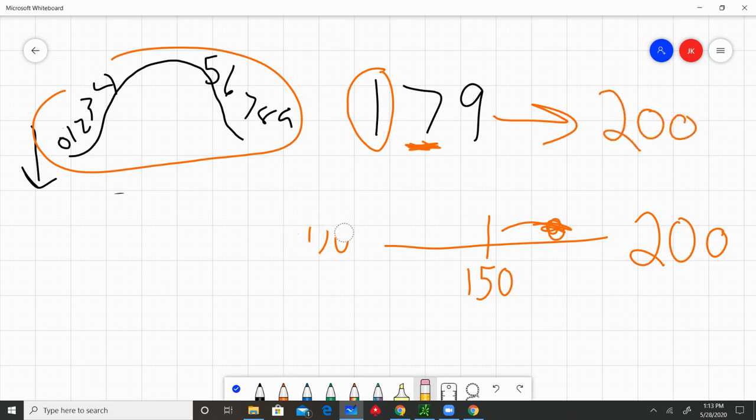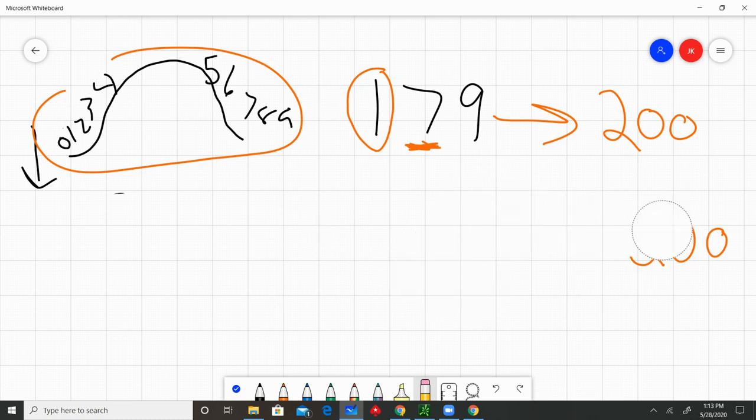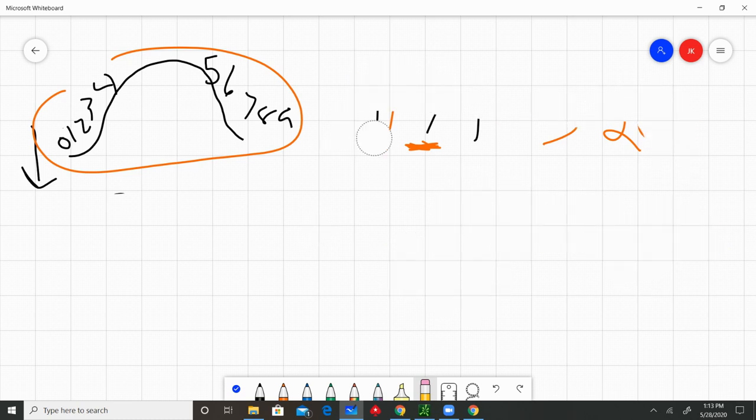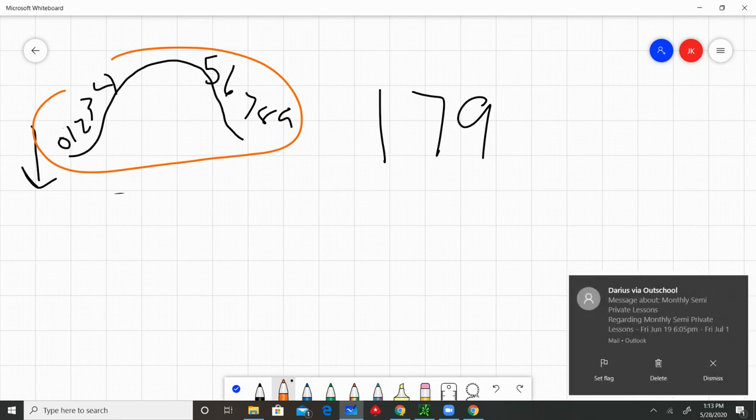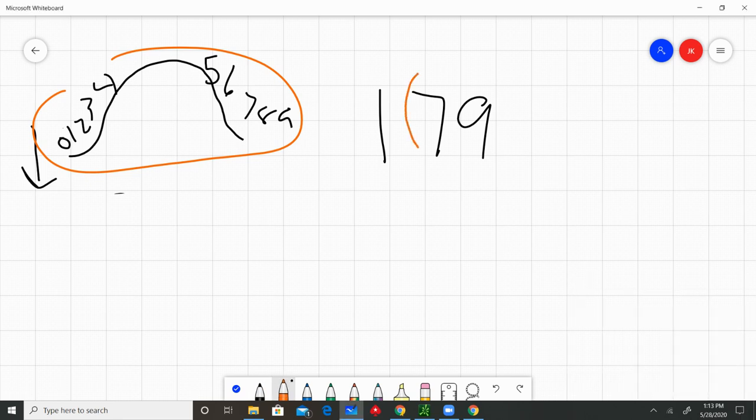So you always have to look at the number that you have to round. The last thing, real fast, again, this is a review, we should know this. If I took 179 again, but this time I want to round it to the closest 10, I wouldn't look at the 100 anymore. I would actually look at the 7, because that's in the 10's place value. Now I do have to look at the 9.